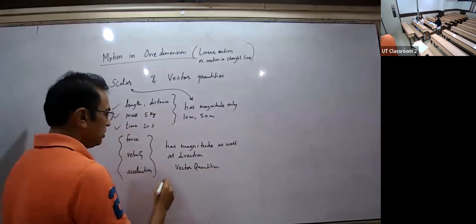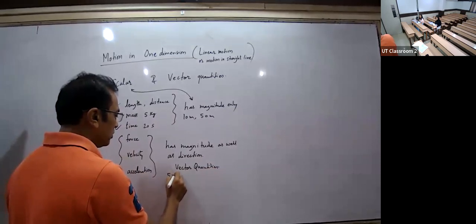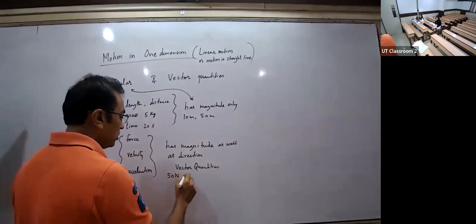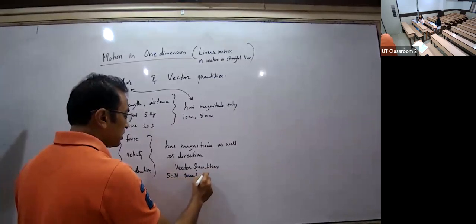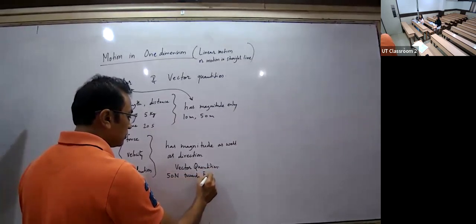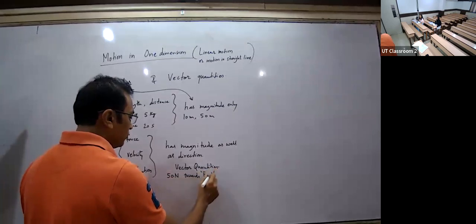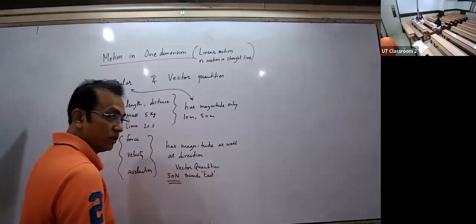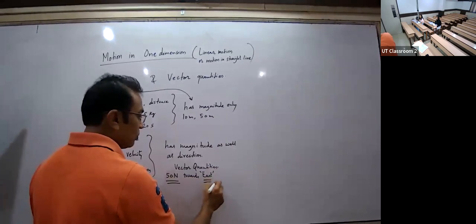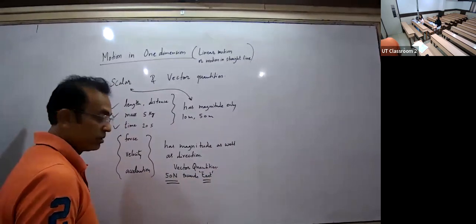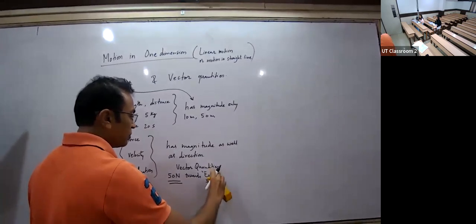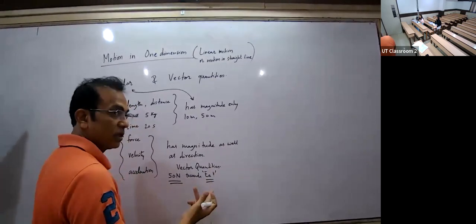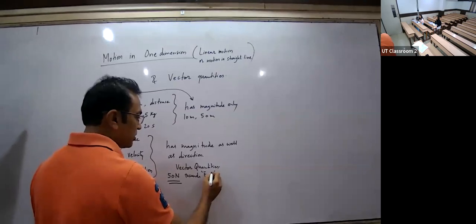Like force, you will say 50 Newton towards east. So you have to specify the magnitude, how much force, and in what direction. Without direction, you can't specify force. If you say 10 Newton force is acting, where? In which direction? So you have to specify direction.